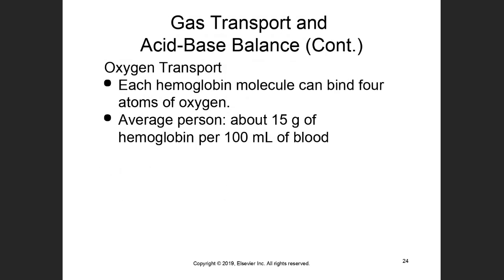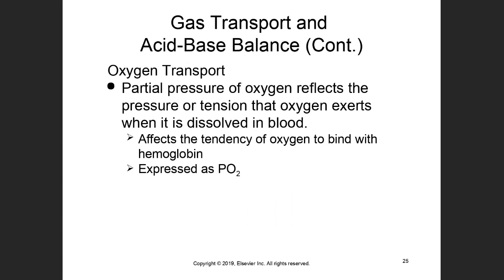Oxygen transport: each hemoglobin molecule combines with 4 atoms of oxygen, and that's how you measure the oxygen saturation rate. Partial pressure of oxygen reflects the pressure or tension that oxygen exerts when it dissolves in blood.